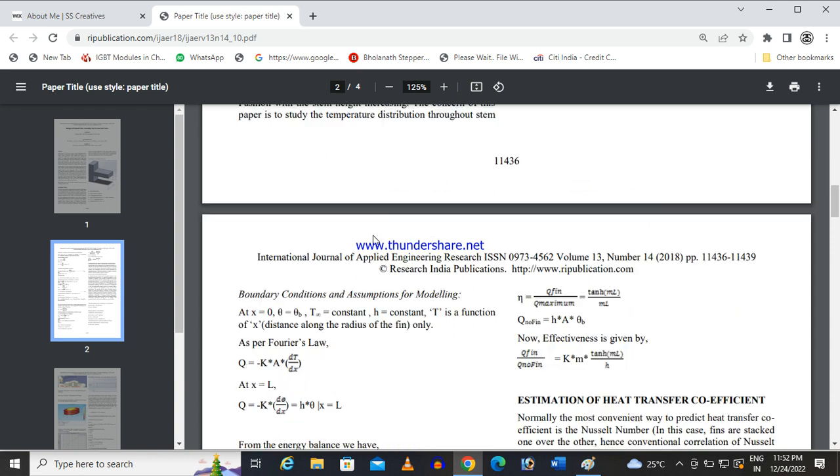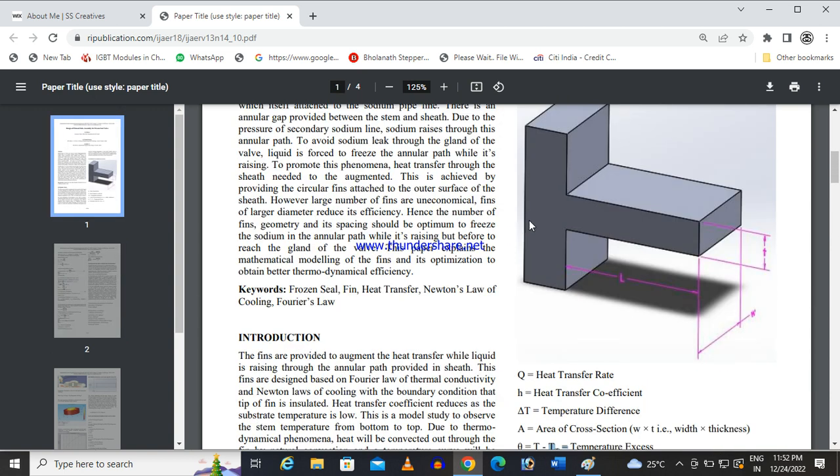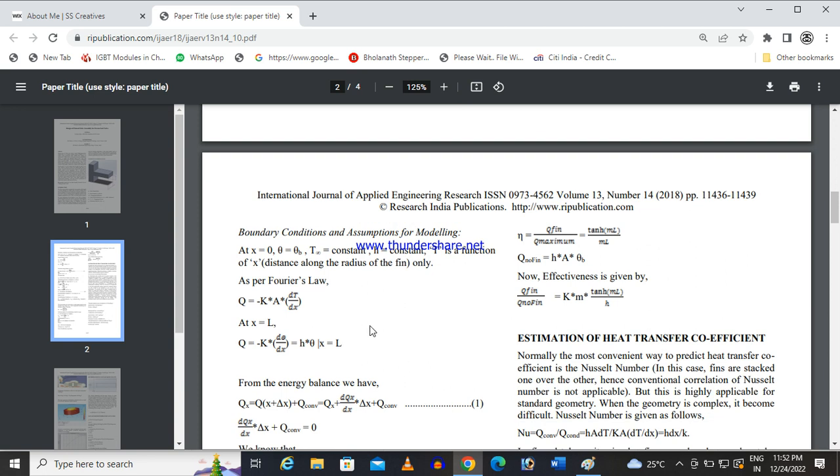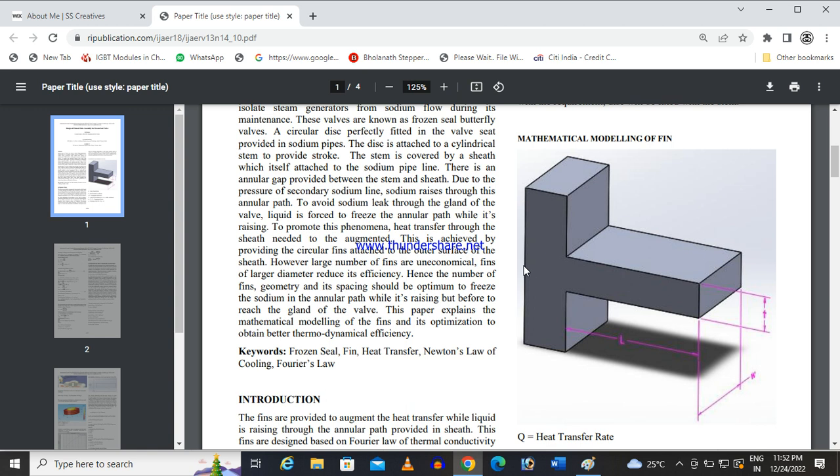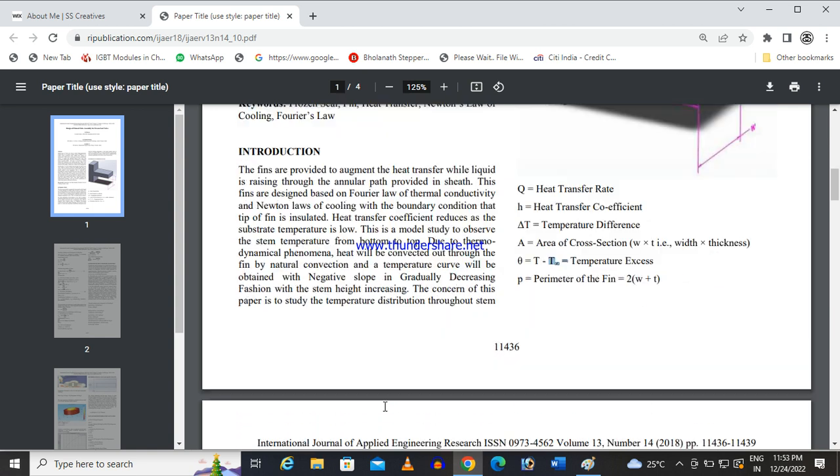And at the base here, the temperature you can consider is the liquid sodium temperature. That means at X is equal to 0. So here X is equal to 0, and here X is equal to L, which is the length of the fin.